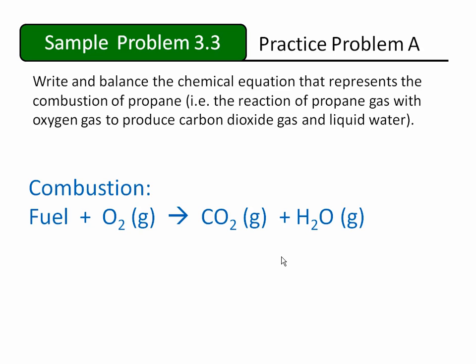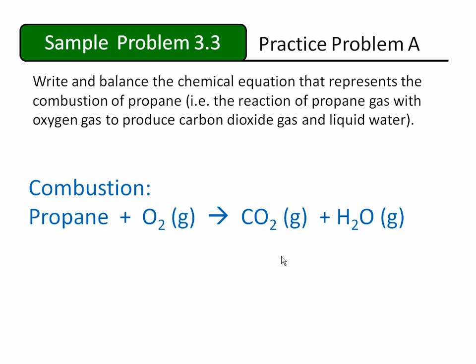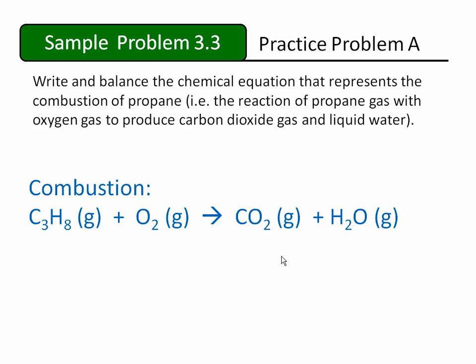In this problem, the fuel is propane. Propane is not one of the compounds that we talked about when we discussed chemical nomenclature in chapter 2. So I'll tell you that propane is C3H8.